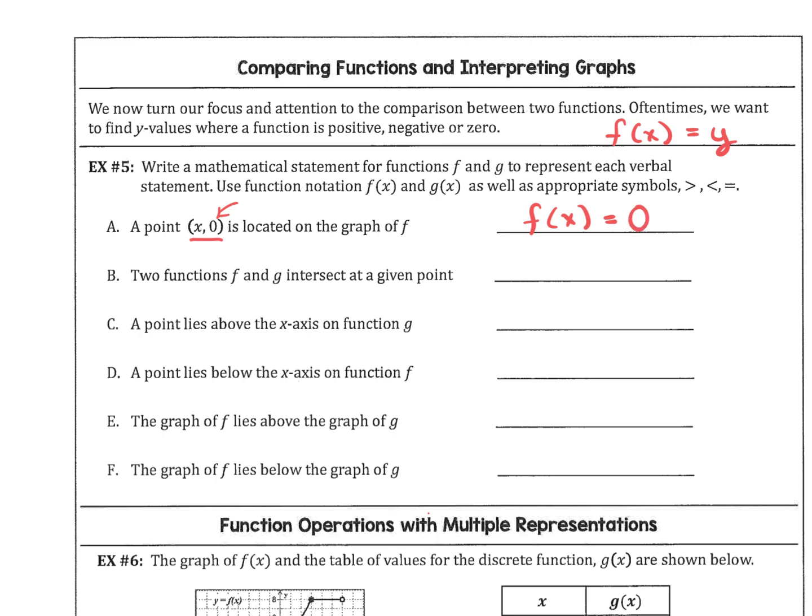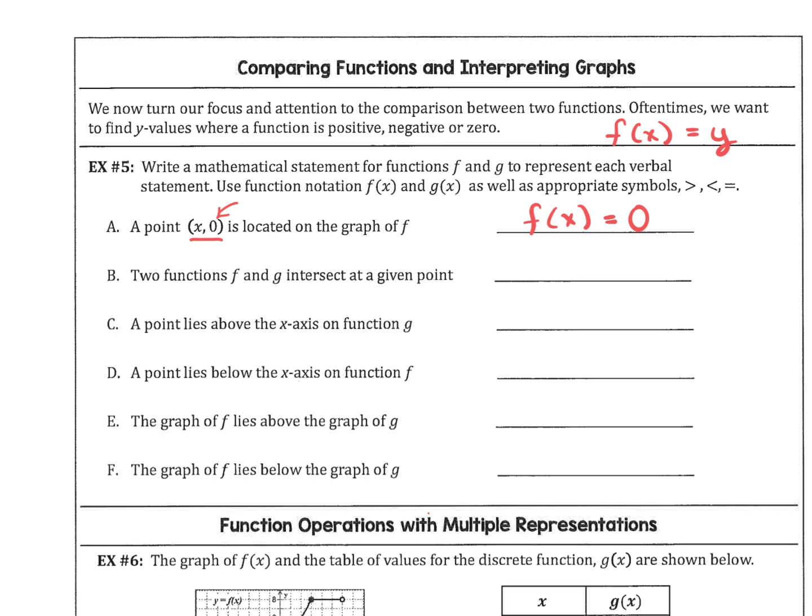Two functions f and g intersect at a given point. If they intersect, what does it mean for two functions to intersect? What do they have in common where they intersect on the coordinate plane? Where they cross, that is the same what? Point. That is the same point. If that is the same point, then they share an x and a what?